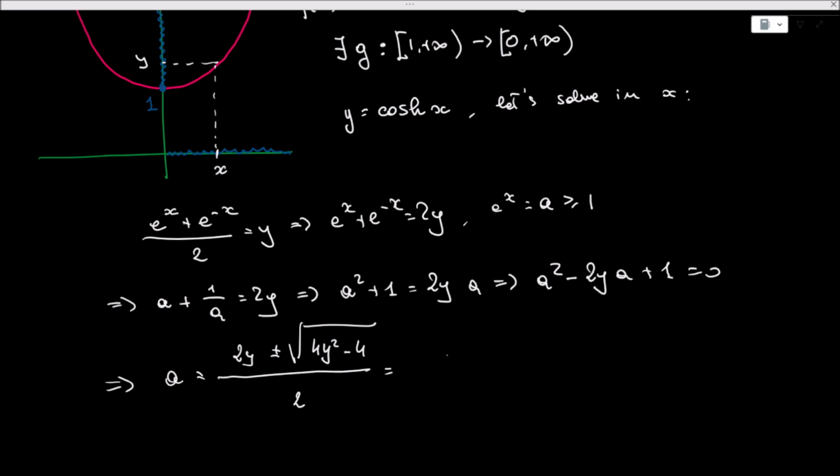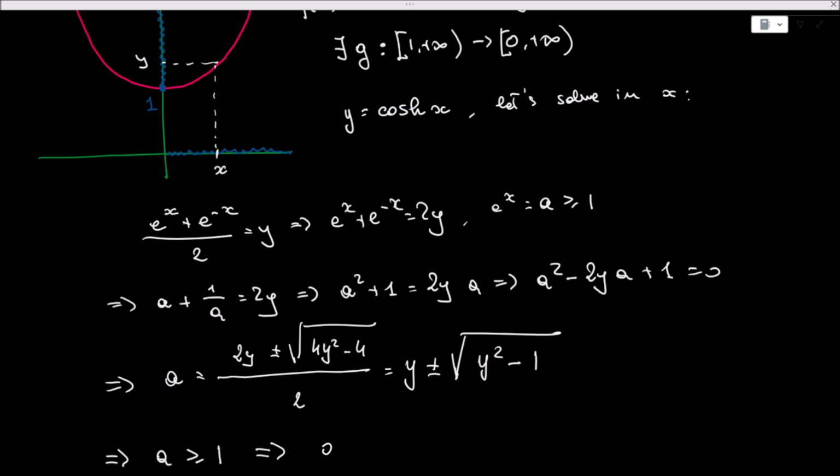And simplifying the 2's, we get y plus or minus square root of y squared minus 1. And remember again that we need to have that a must be larger than or equal to 1, okay? So this immediately shows that we must have only the positive, right?